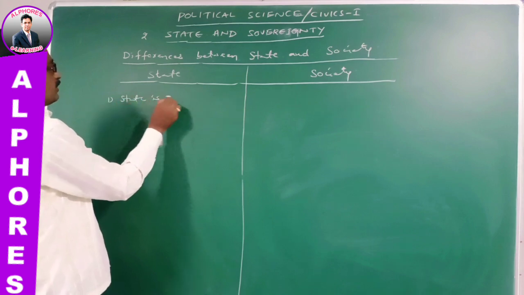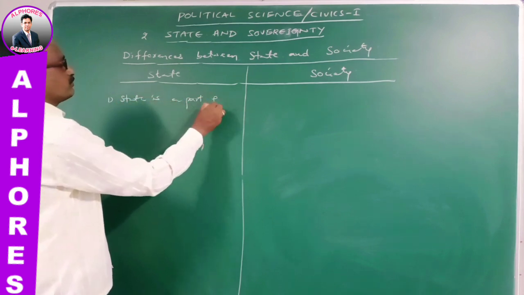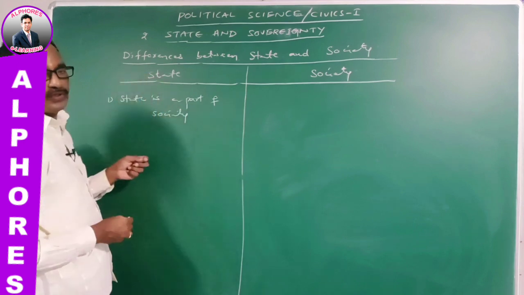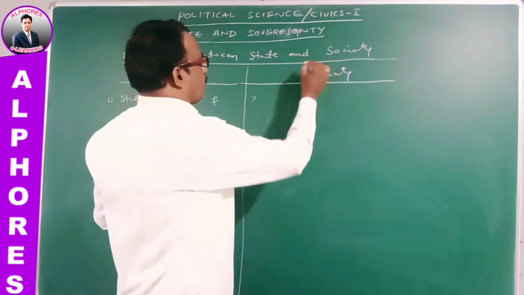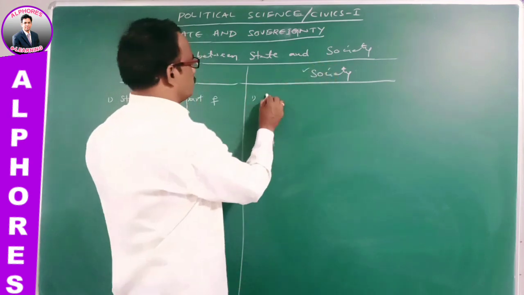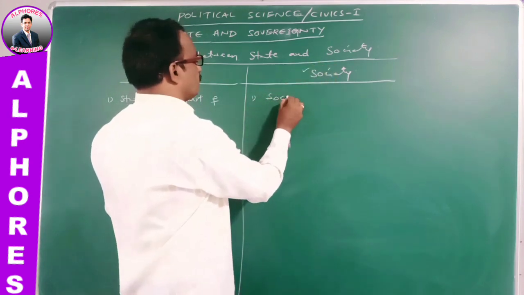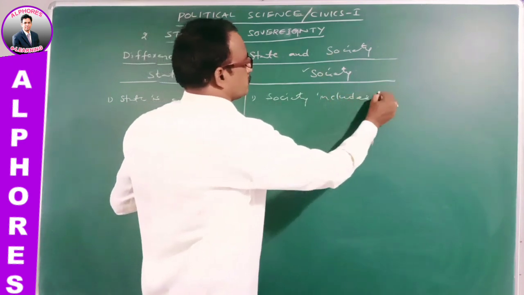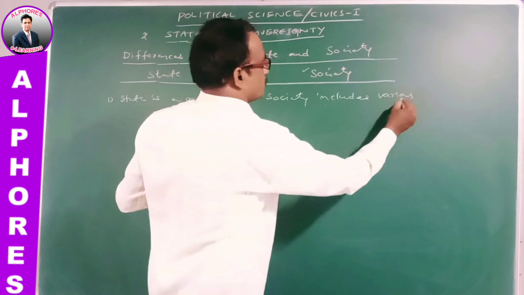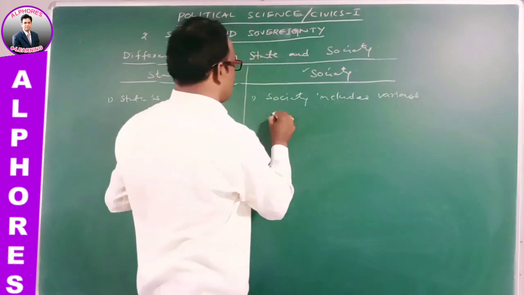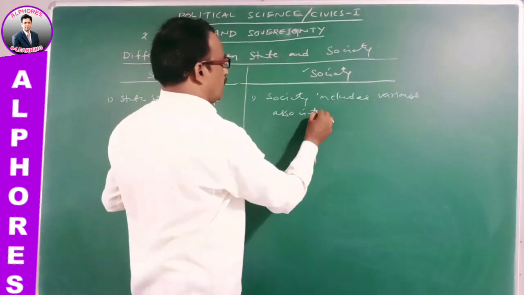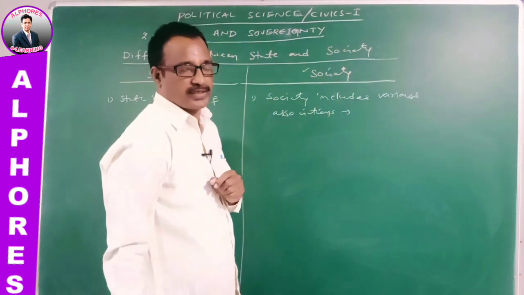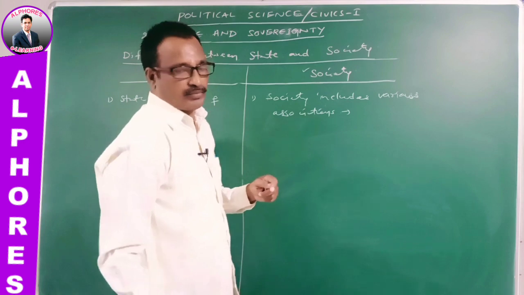State is a part of society. So society is a combination of various associations. Society includes various associations. Already we know social, political, economic, cultural, religious, education, etc.